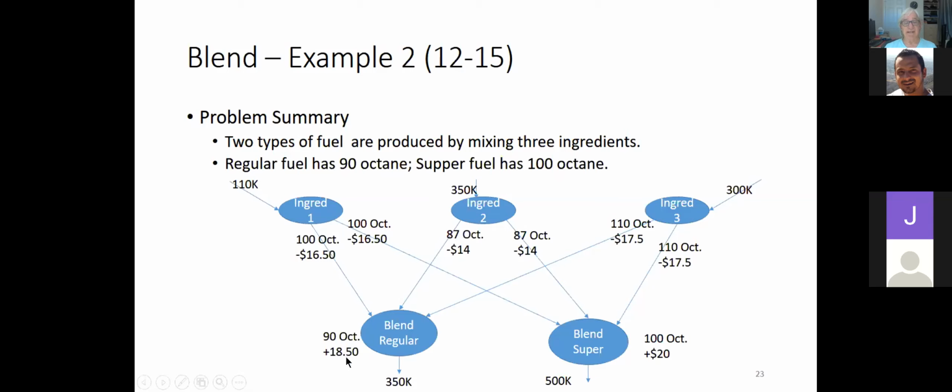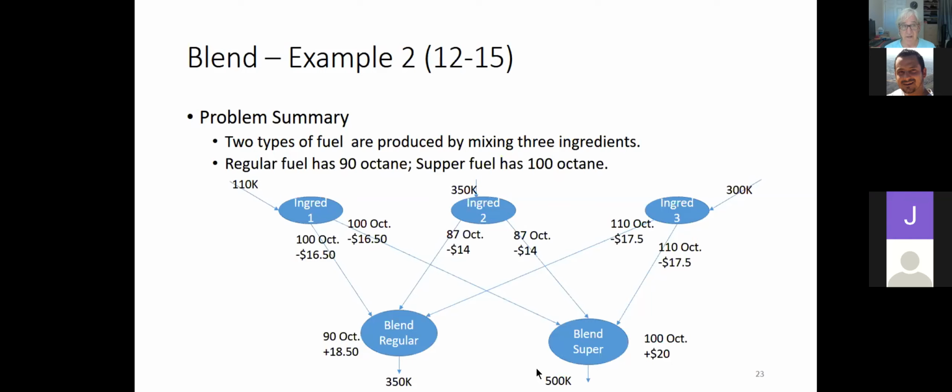And there is a different selling price for each one of them. And there is a maximum possible sales, because this is the maximum demand. So the company will not blend more than this and not provide to the market more than 350K of regular, not than 500K of super.